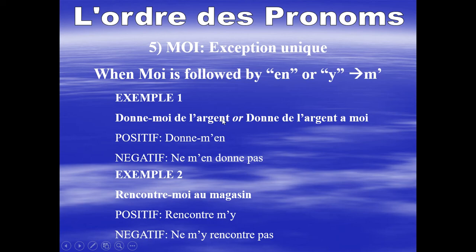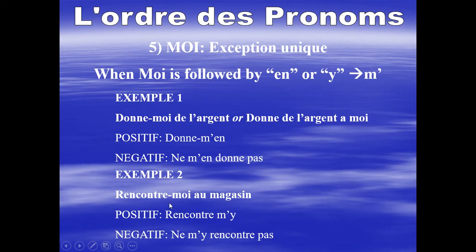Donne-moi de l'argent, or if you have the case of donne de l'argent à moi, then if you were changing this to include the pronoun, you would replace moi with m apostrophe. So then it would be donne-m'en. And de l'argent gets replaced with en. Au négatif, it's ne m'en donne pas.